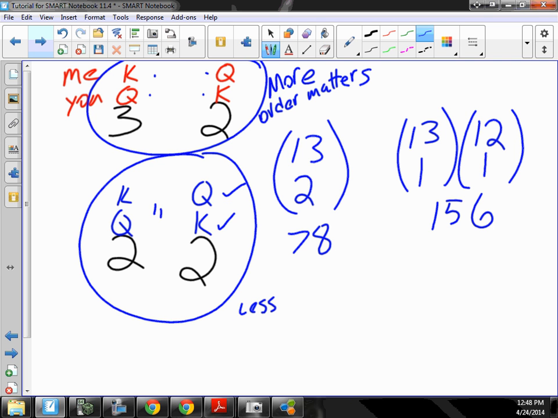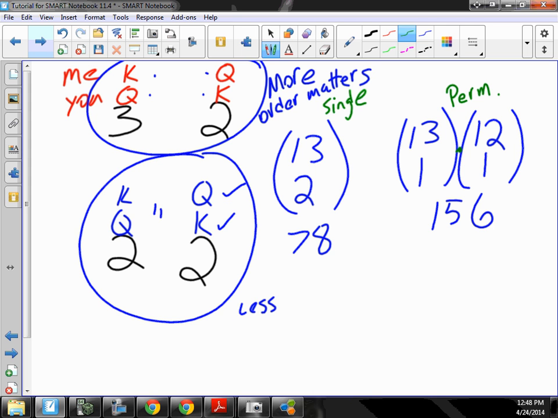But this is really tricky because they're both combinations. This is a single combination. We pick them together because it doesn't matter what order they're chosen in. Here is a double combination. And whenever you multiply two combinations together, you're actually calculating a permutation of two combinations.